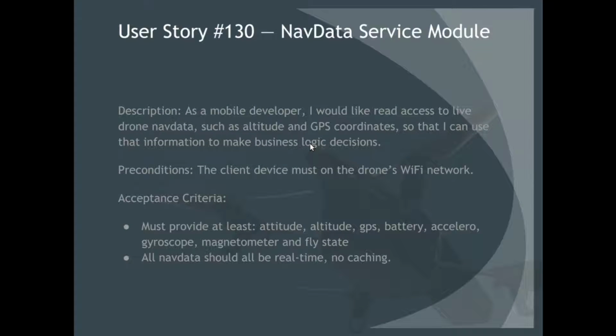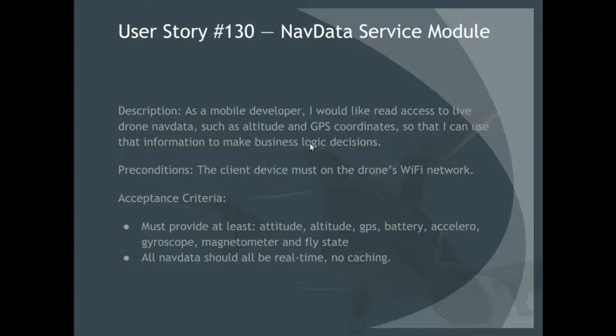User story number 130, NavData Service Module. As a mobile developer, I would like read access to live drone nav data, such as altitude and GPS coordinates, so that I can use that information to make business logic decisions. The client device must be on the drone's Wi-Fi network as a precondition.